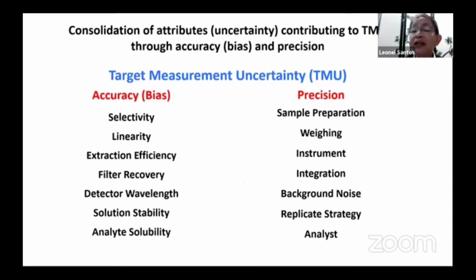So you notice that these listed factors for both accuracy or bias and precision are not limited to only the internal to the method, but it is also external to the method, which covers both, again, the methodology and also the sample.